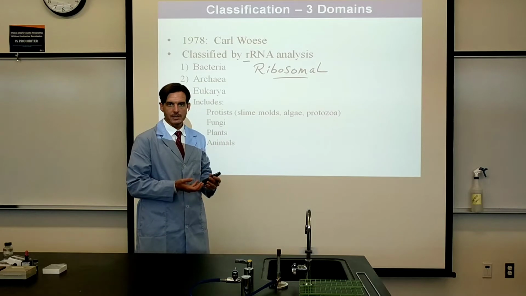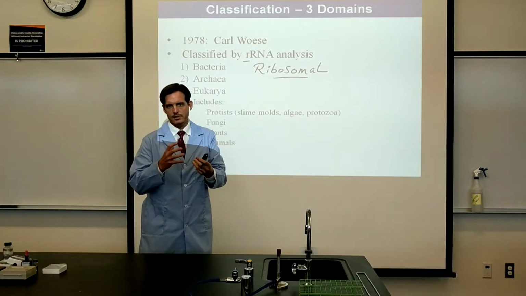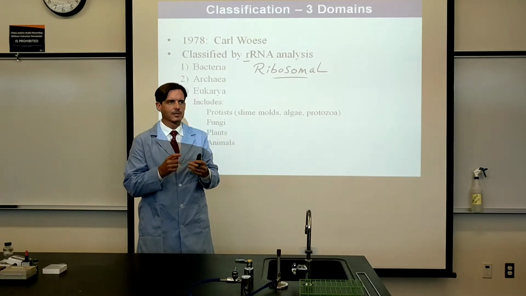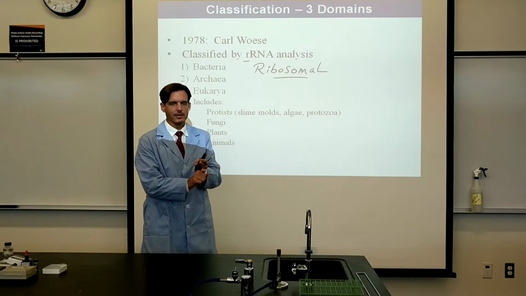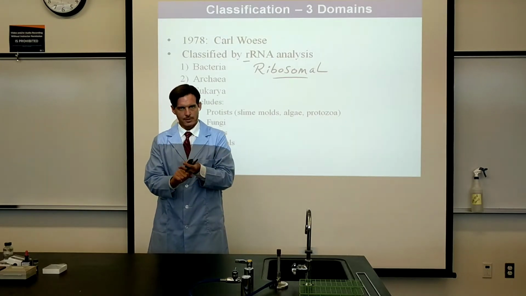RNA comes from DNA, and so Carl Woese was looking at the genetic sequences of this RNA that helps to build the ribosome. Ribosomes are built partly of the ribosomal RNA, and then also partly with proteins, ribosomal proteins.